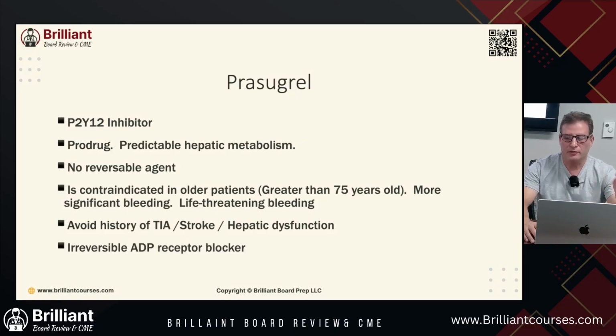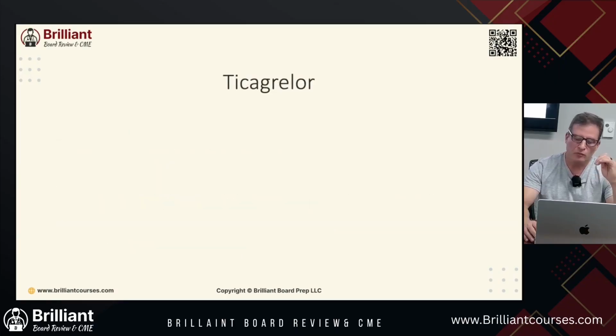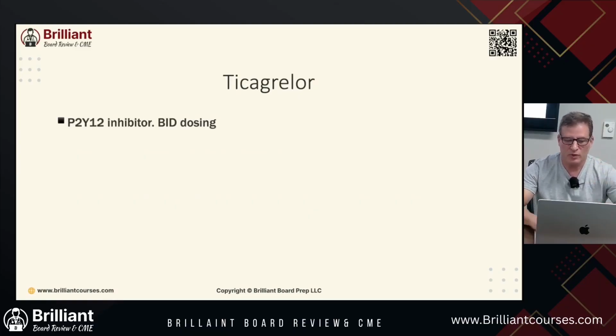Now, ticagrelor, this is another medication. And this one is becoming more of what the cardiologist's best friend is. Now, the problem with this medication is right here, the twice-a-day dosing. We just remember is that the more medications and the more times the patient has to take medications during a day, the less likely they're going to use it, or they'll forget to use it. And this is a twice-a-day dosing.